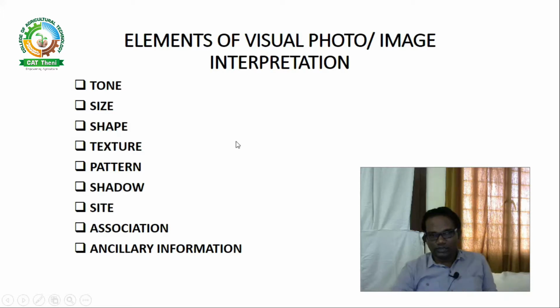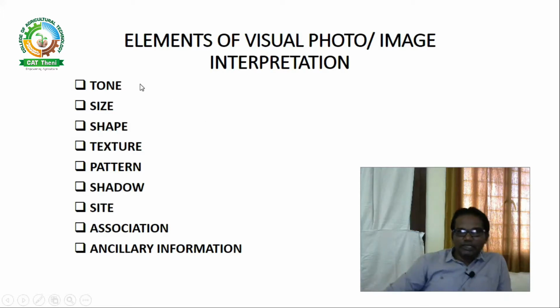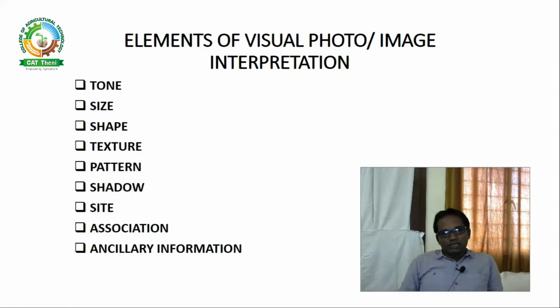Have you understood what I am saying? Tone is one of the elements of visual photo image interpretation. Tone is the relative brightness or color of the object. If you take a photograph of the same area today and it rains, definitely the soil wetted by the rain will be in a dark tone.